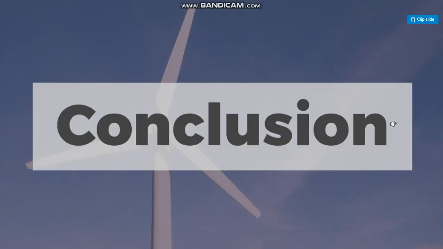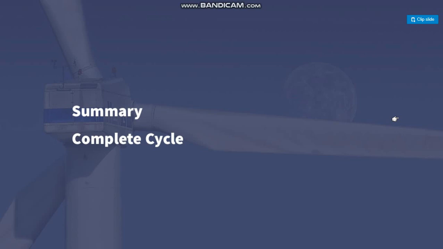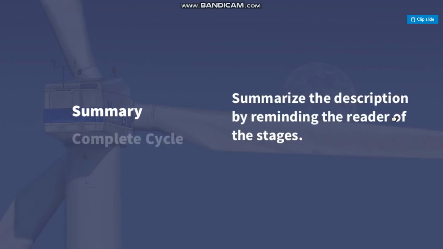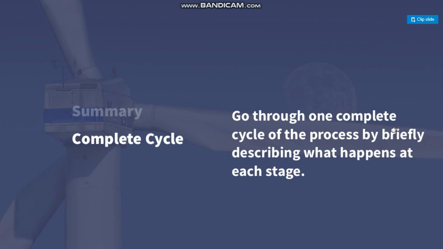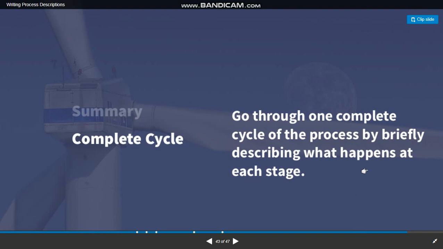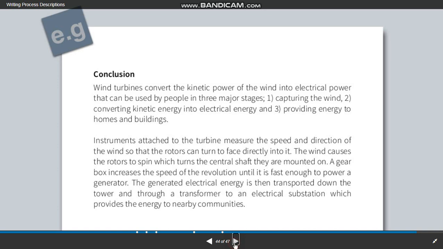Conclusion. It consists of summary and complete cycle. Summarize the description by reminding the reader of the stages. Complete cycle. Go through one complete cycle of the process by briefly describing what happens at each stage. This is the given conclusion.